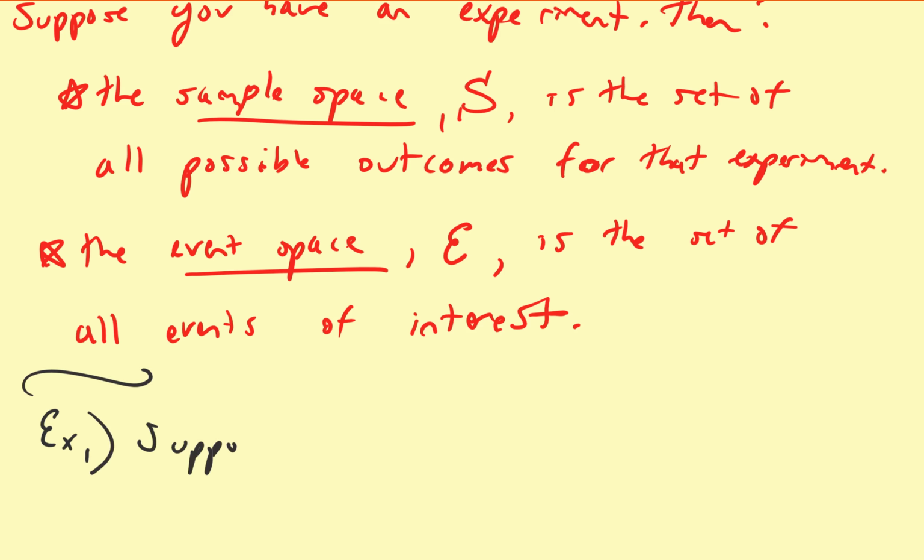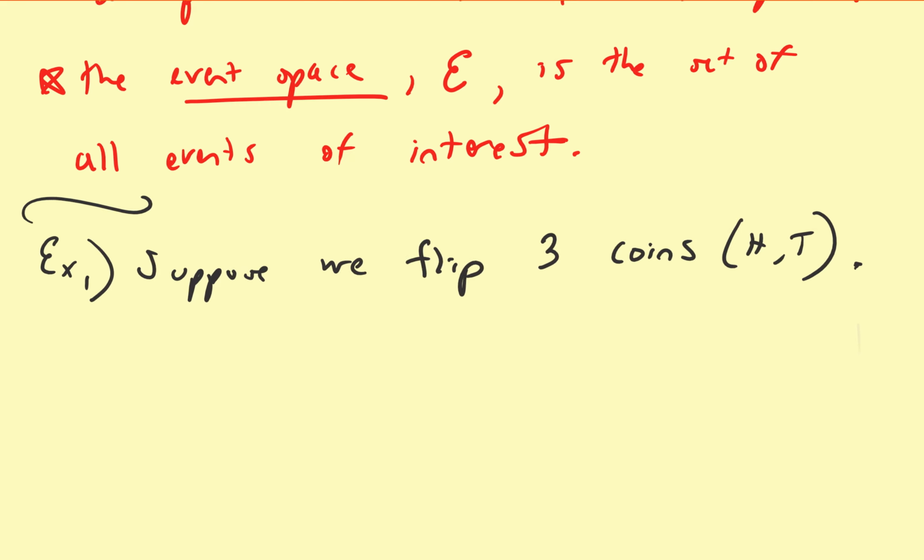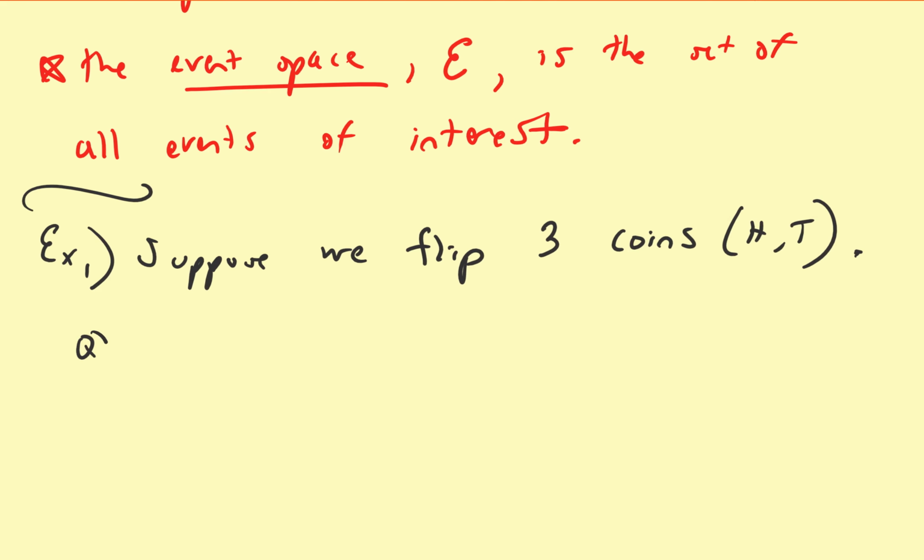Suppose we flip, say, 3 coins, each of which can obtain either heads or tails. So what is the sample space?